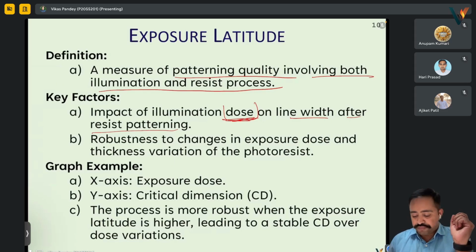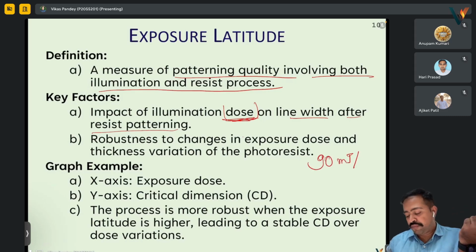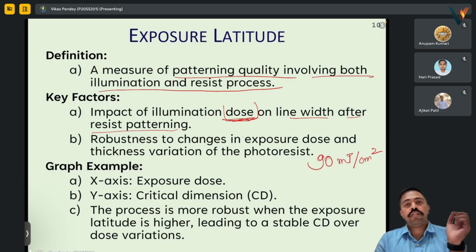Suppose, as I was saying in the previous classes, we want 90 millijoule per centimeter square as our dose, but there can be some variation. When we started exposing, in the first half second we had a lower intensity, and when it was closing or going down, a small spike also occurred in between.